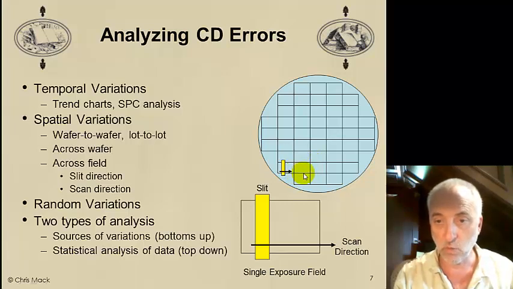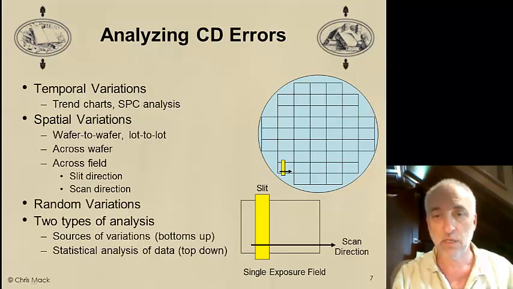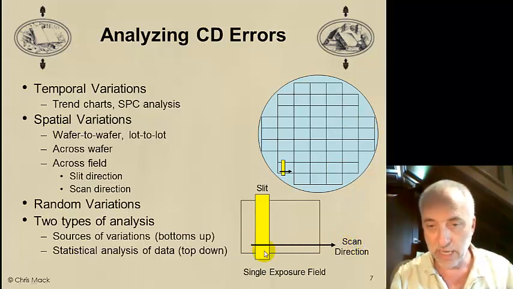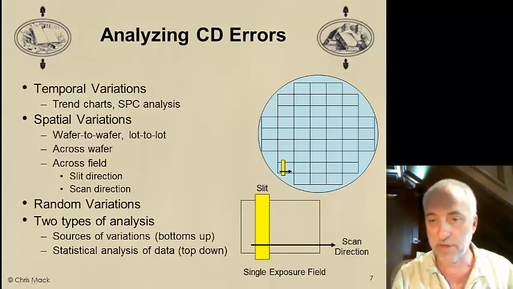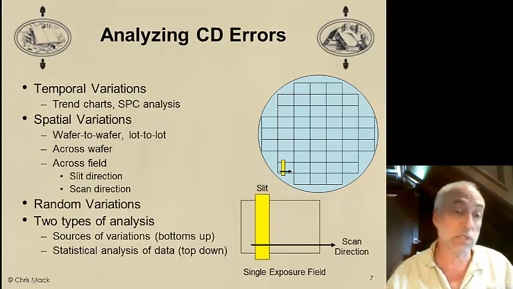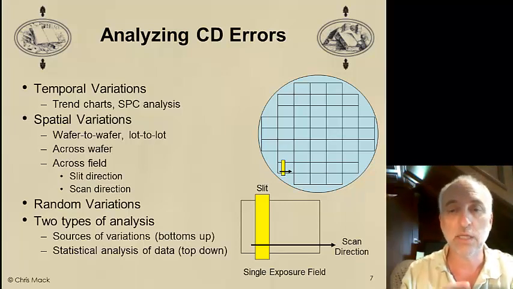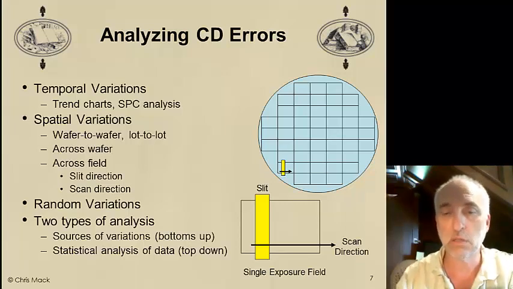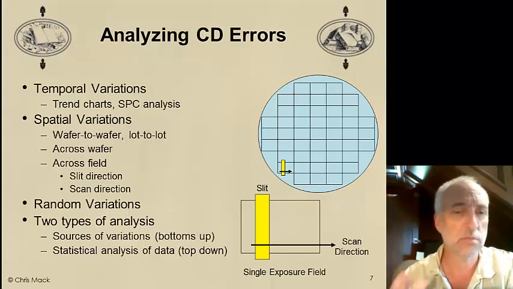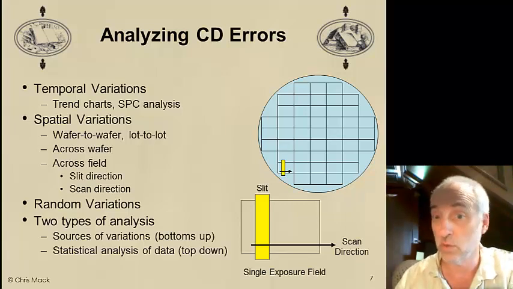Remember, a field is one region that is exposed in a single scan on a step and scan system, and we have a slit, and so we have a scan direction and a slit direction, and they're very different because we only scan in one direction, so any errors in the scanning only affect that direction, and the slit is much longer than it is wide, so in the slit direction we can have more variation caused by the optics of the imaging tool.